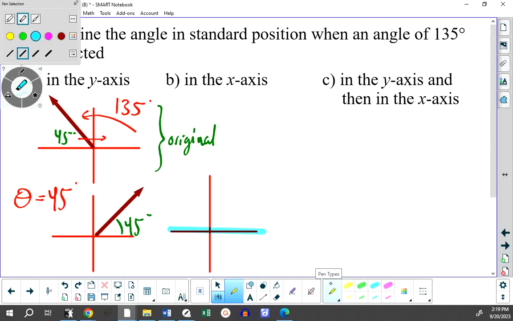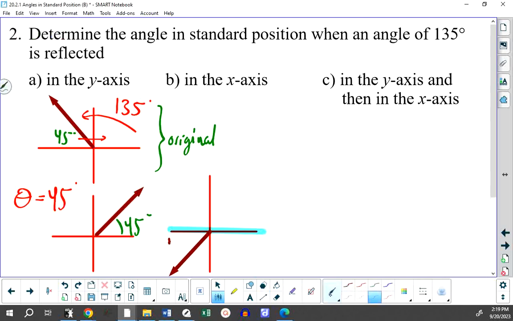And I will have a terminal arm in quadrant 3 with a reference angle of 45 degrees. And everybody should be able to figure out what that rotation angle is by saying it must be 180 plus 45, which is 225.